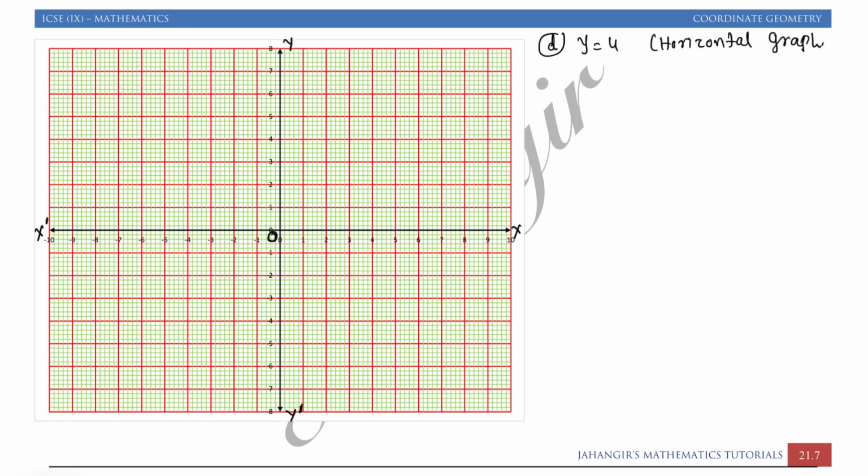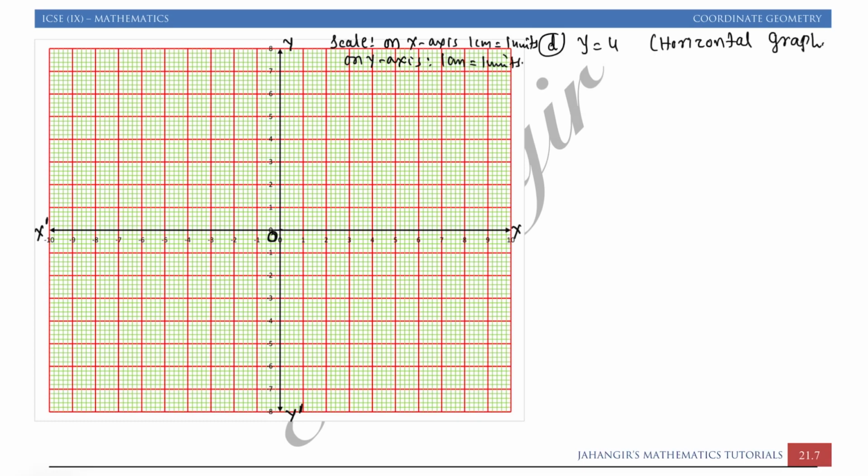You can write a single zero where both lines intersect each other. Scale you can write on each and every graph. You have to write the scale. On the x-axis, 1 centimeter is equal to 1 unit. On the y-axis, 1 centimeter is equal to 1 unit.